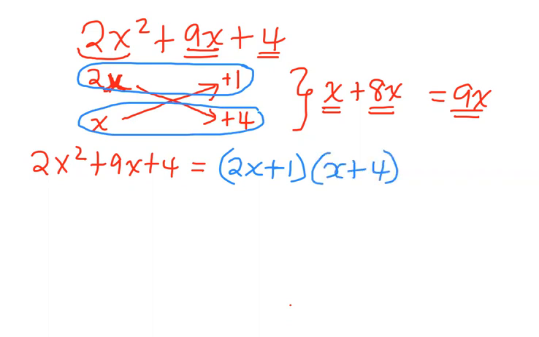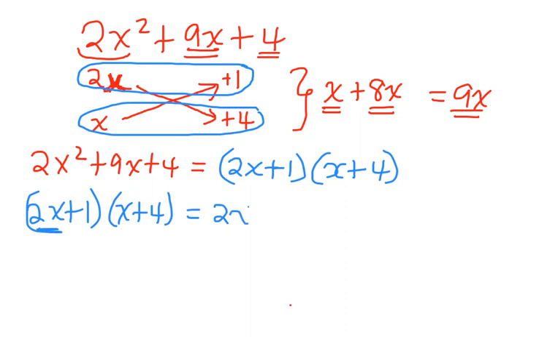If you want to check, you can go ahead and see what that will give you. We multiply 2x plus 1 by x plus 4. We take 2x on its own, open a bracket and multiply by x plus 4, and then plus 1 multiplied by the same expression, x plus 4.